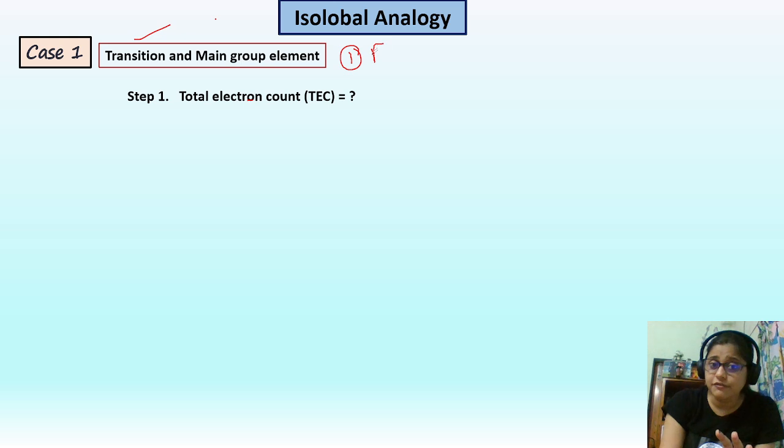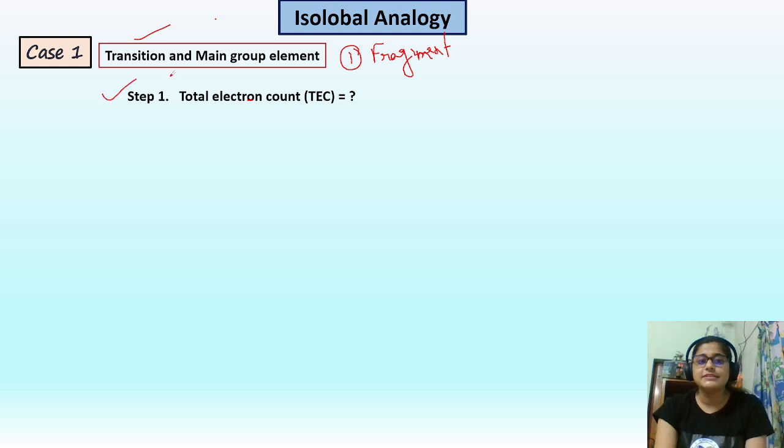First thing is the fragment. Second thing, step 2, is the total electron count, and we know this, right?